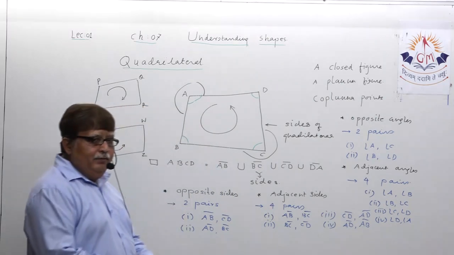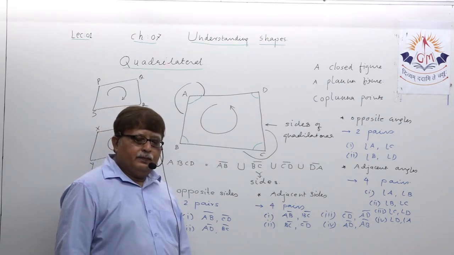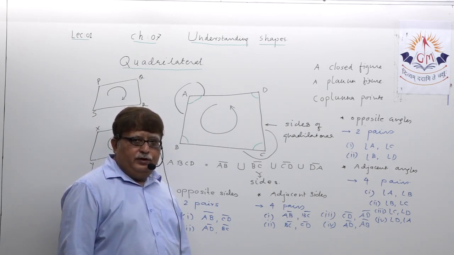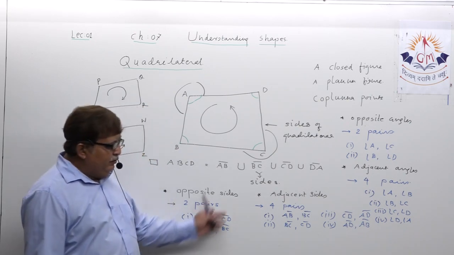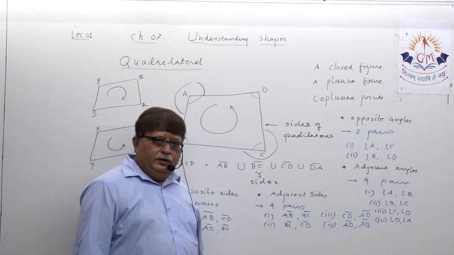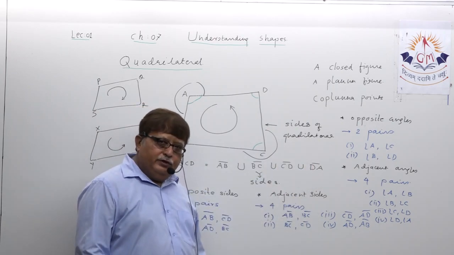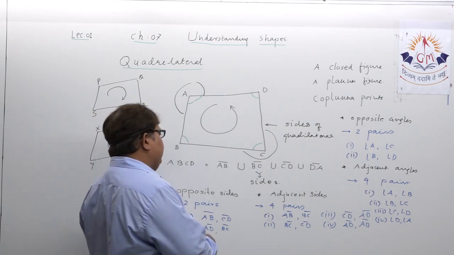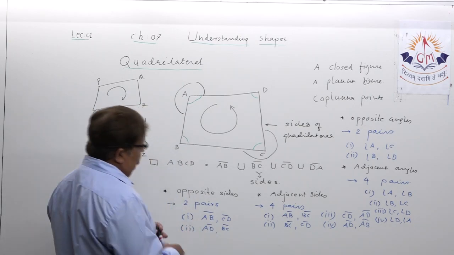Okay. And one more thing. All these are actually the parts of the quadrilateral. Four sides, four angles. Though we classified sides as opposite and adjacent, angles as opposite and adjacent, ultimately there are four angles. And one more thing.